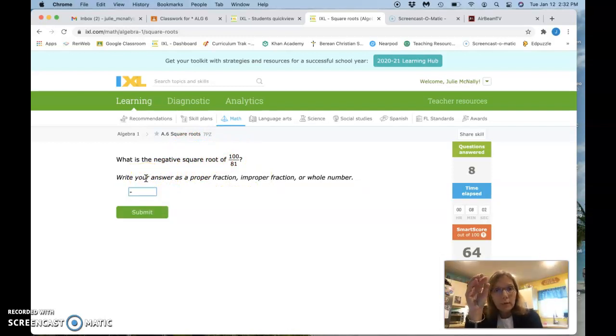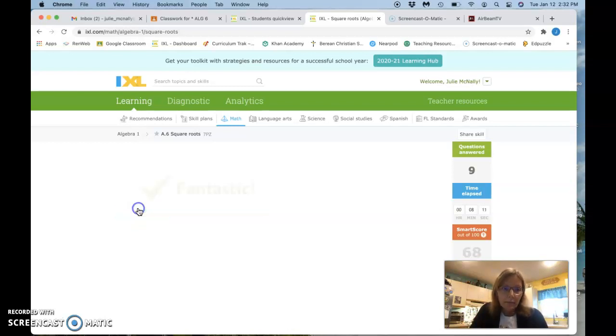Take the square root of the top number and the square root of the bottom number. Square root of 100 is 10. Square root of 81 is 9. Square root of 0.25 is 0.5. Okay, again with the plus or minus.